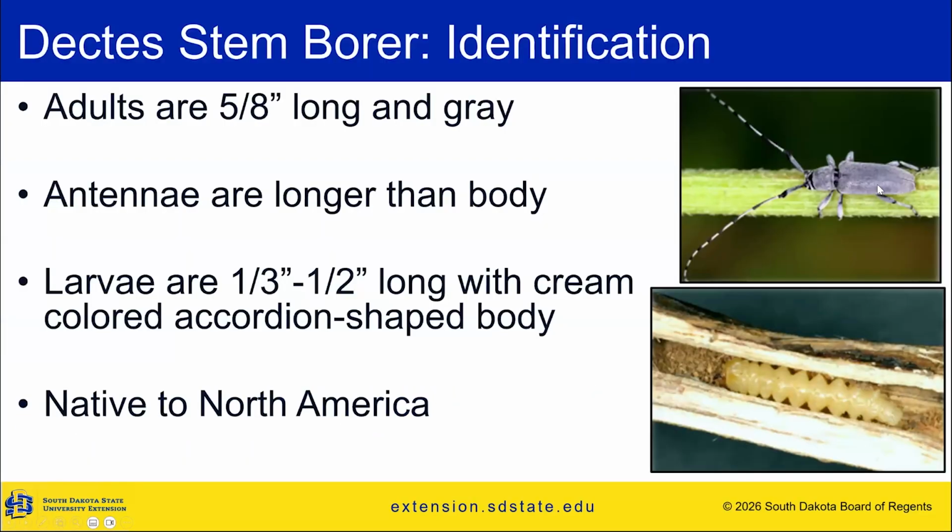So if you're not familiar with it, the Dectes stem borer is a gray beetle, and as you can see in that top picture on the right side of the screen, they have very long antennae, and that's one of the big characteristics that we use for identifying these insects. In soybean, there are quite a few gray beetles that can be present during the growing season, and some of those are blister beetles, and they will feed on plants a little bit, but the big issue are these Dectes stem borer.